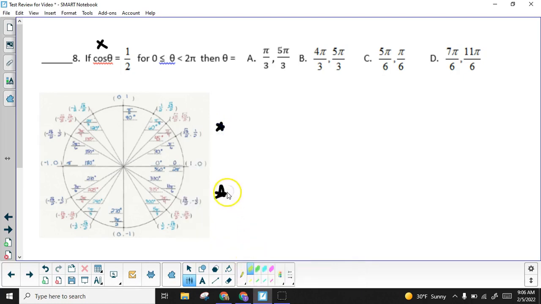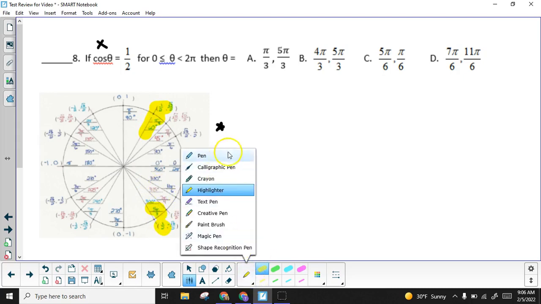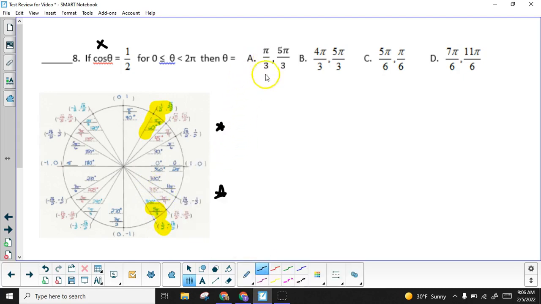So that is going to give us the angles that have a cosine value of positive 1/2. X value of positive 1/2, that's pi over 3. And down here, 5 pi over 3. And so our answer is pi over 3 and 5 pi over 3, which is choice A for number 8.